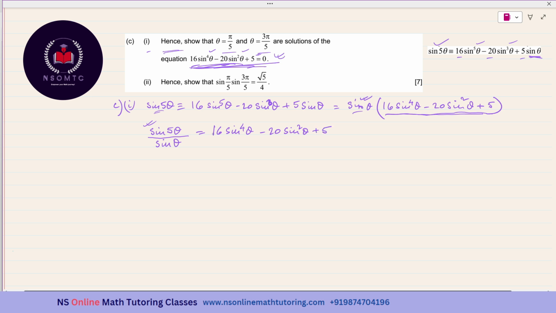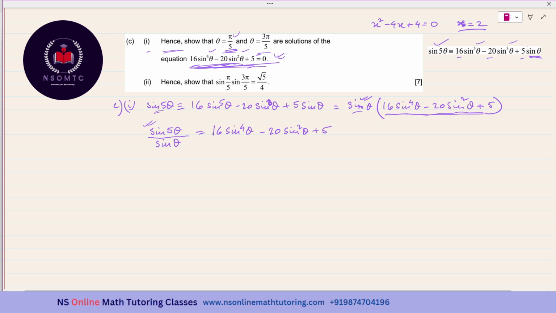Okay. And they are saying that theta equal to pi over 5 and theta equal to 3 pi over 5 are the solutions. So we do not know how to prove, and it is paper 1. So let us just substitute pi over 5 in place of theta. Because if you have, say, x squared minus 4x plus 4 equal to 0, and you are told that x equal to 2 is a solution, then how do you prove that?